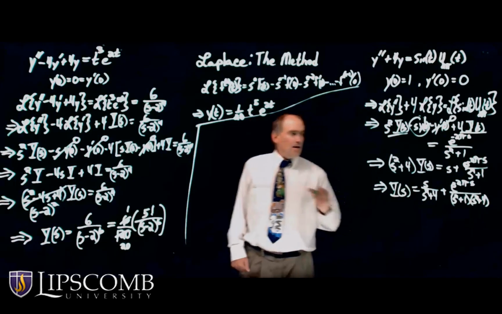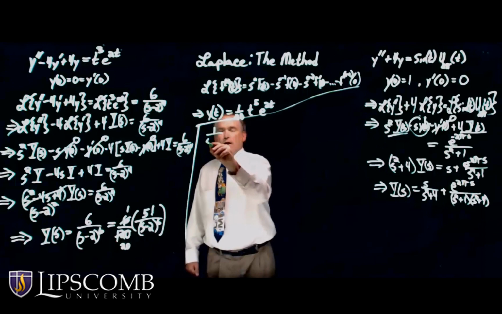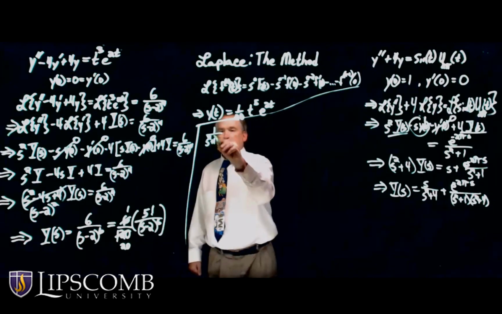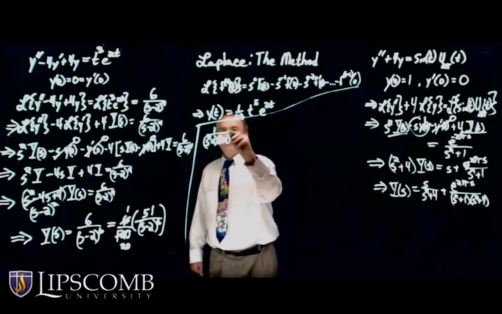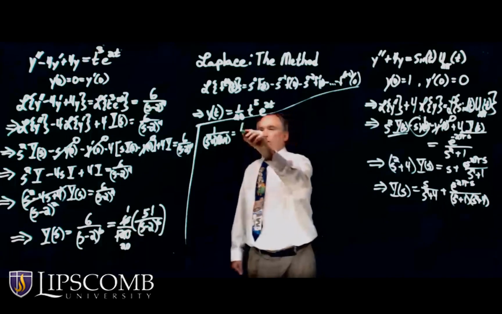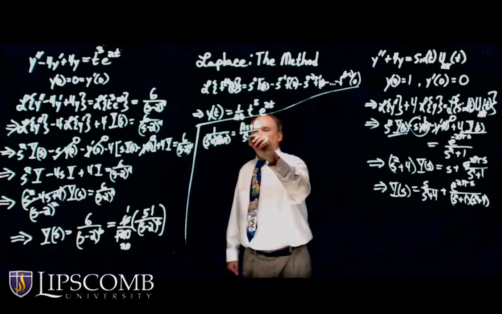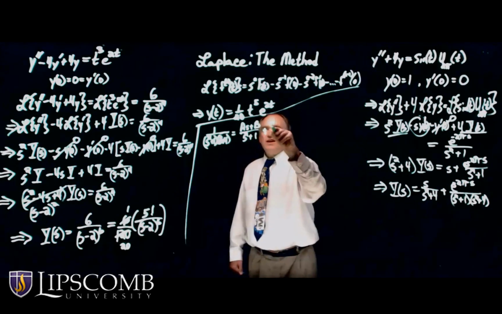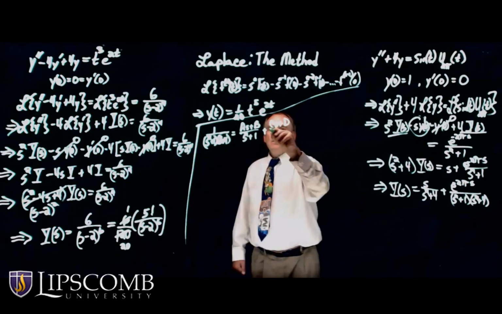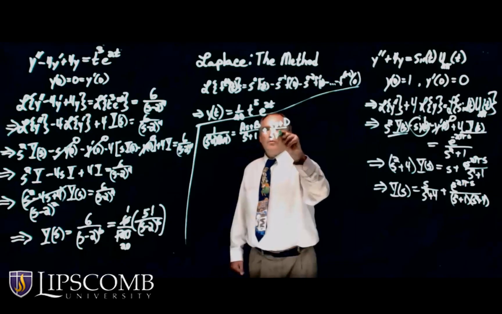So 1 over s squared plus 1 times s squared plus 4 is equal to As plus B over s squared plus 1 plus Cs plus D over s squared plus 4.